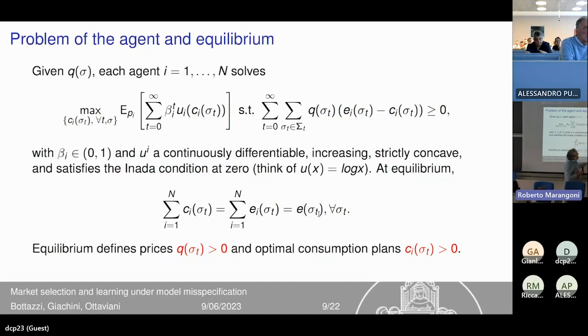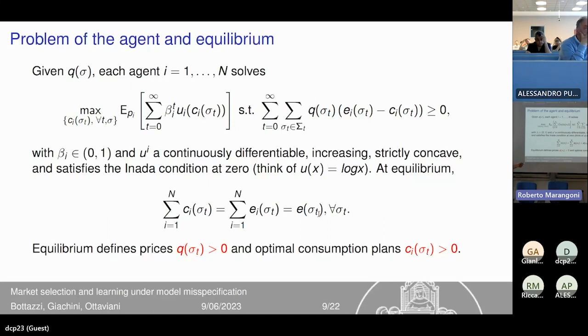This is called the budget constraint, and this constraint tells essentially that the value of what you consume, c_i times q, summed over all histories, cannot be higher than the value of what you are endowed with, so what you get from outside. So each agent is required to solve this equation.